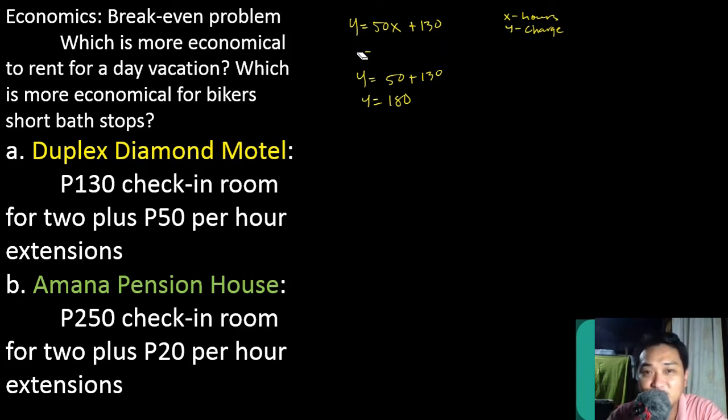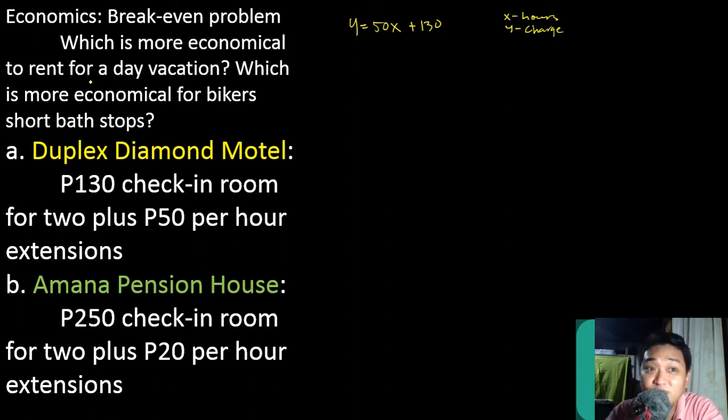Okay, pero hindi naman po sa atin importante kung ilang oras tayo magtatagal doon or magkano yung babayaran natin. Hindi naman po talaga naka-focus doon yung concern natin. Kasi pag mga break-even problem, madalas nagko-compare tayo ng dalawang data or dalawang system. And take note, meron tayong dalawang klase ng customer dito.